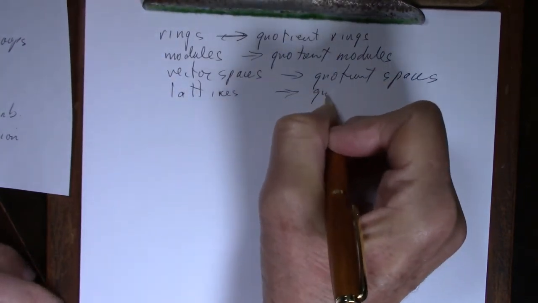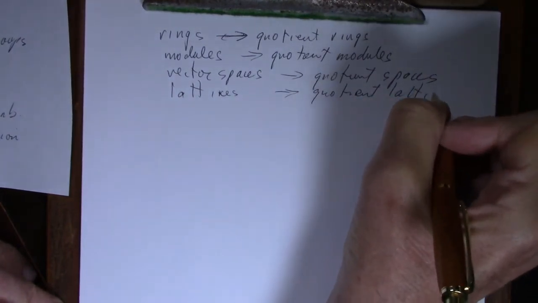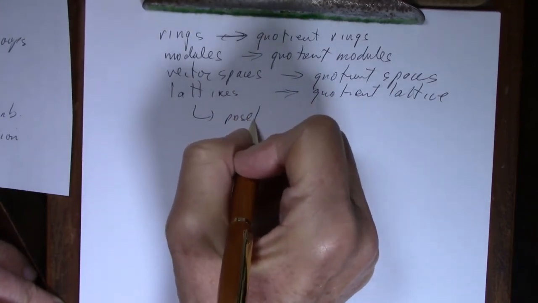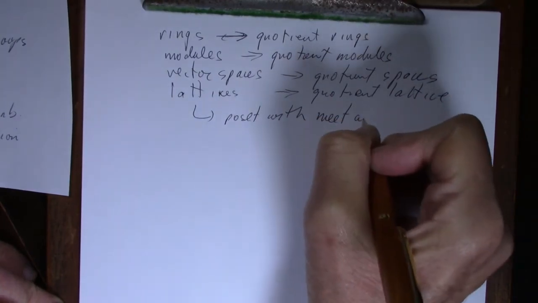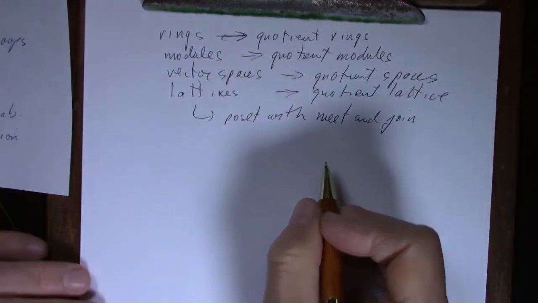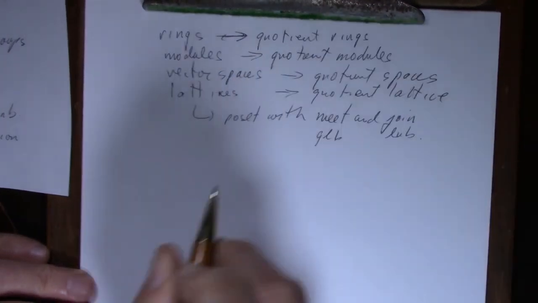We get quotient lattices. You will recall that a lattice is a poset with meet and join. The meet is the greatest lower bound, the join is the least upper bound.